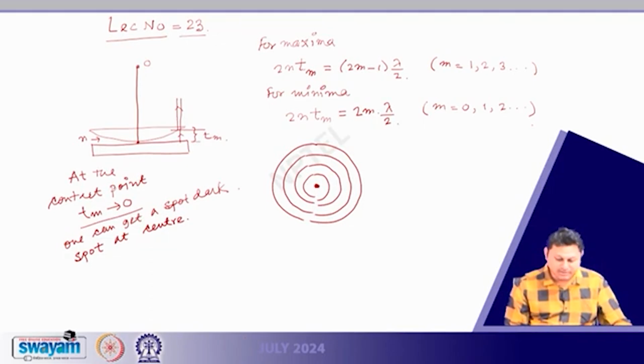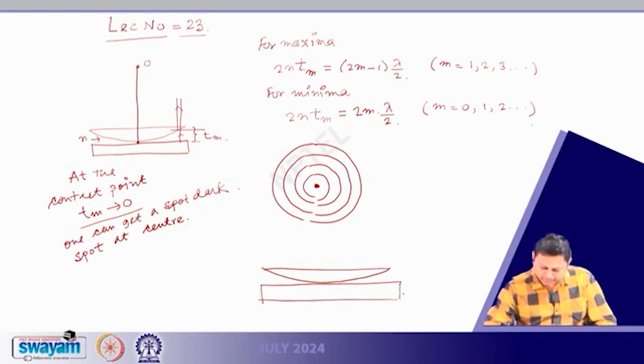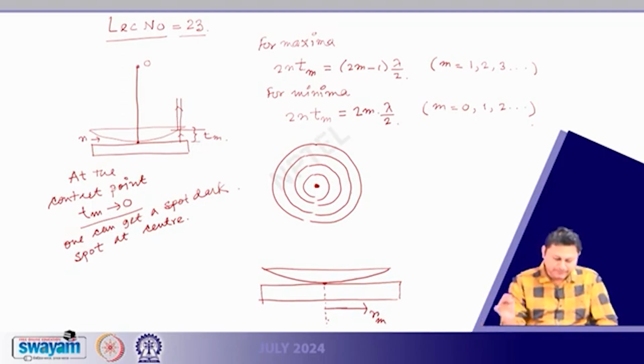Also, one important thing we calculated: the fringes are formed based on the structure, and suppose some maxima is here at the point Rm, with R measured from this.